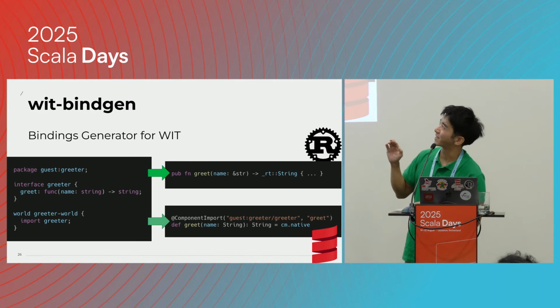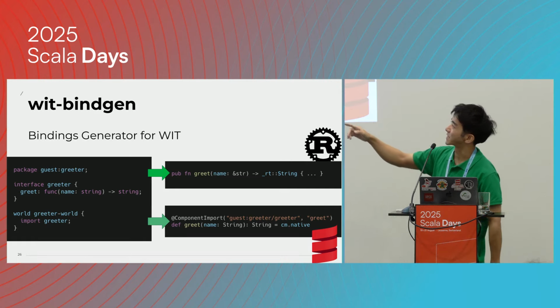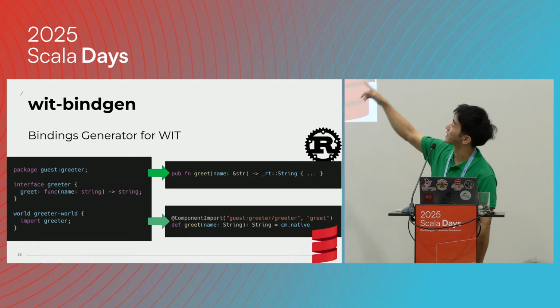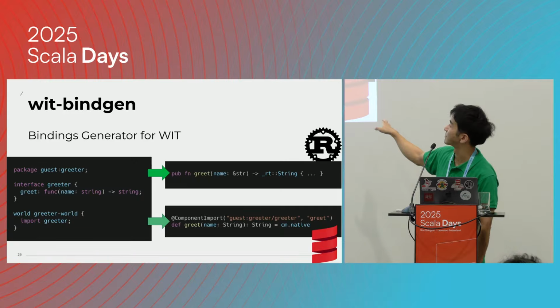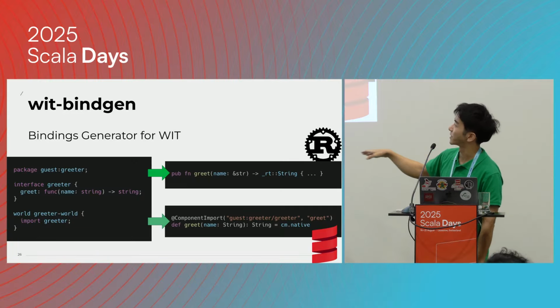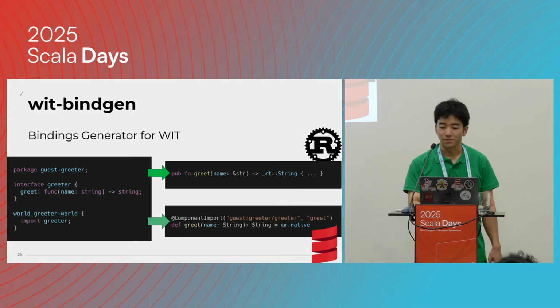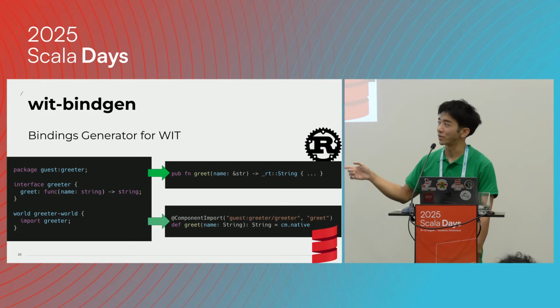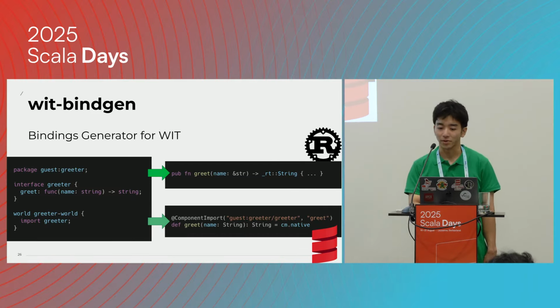So basically, wit-bindgen generates the glue code. For example, this greet function in WIT is going to be compiled to Rust like this. It takes an immutable string and returns a string. And in our current Scala compiler, it receives a string and returns a string. So we can call the Wasm component function based on this generated glue code.